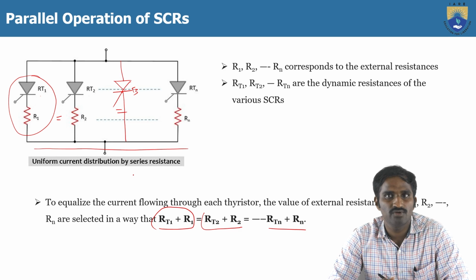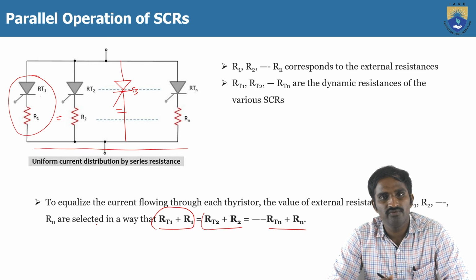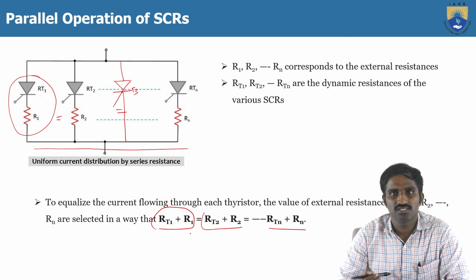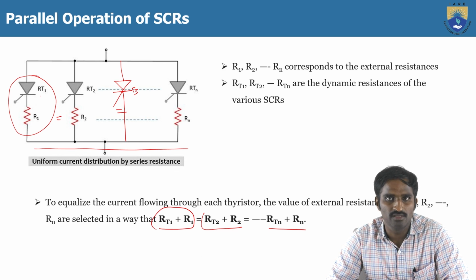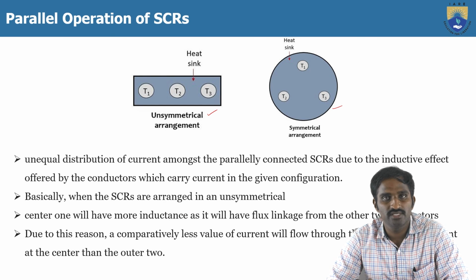So to overcome that, what we are doing is simply connecting one external resistance in series with each SCR, and we choose the value of that external resistance in such a way that RT1 plus R1 equals RT2 plus R2 and so on, RTN plus Rn. And even if we connect a series resistance with each SCR, there is still a chance of unequal distribution of the current among each thyristor connected in parallel.